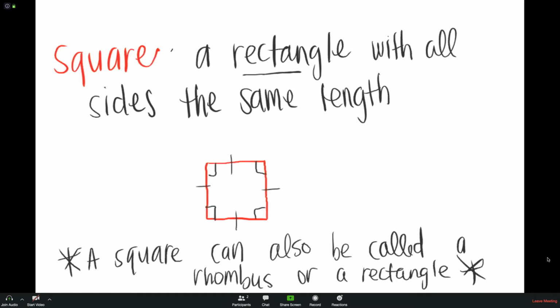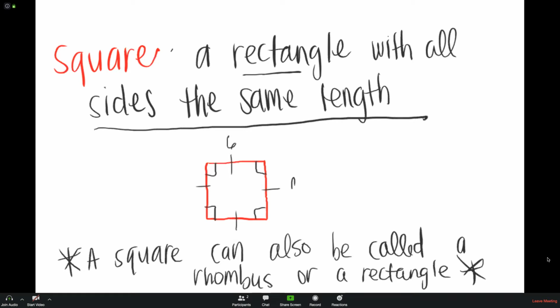So a parallelogram doesn't have to have 4 right angles. A rectangle does. So because a square is also a rectangle, it has to have 4 right angles. What makes a square different than a rectangle is that all sides are the same length.